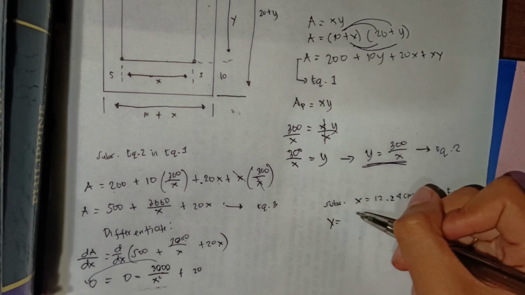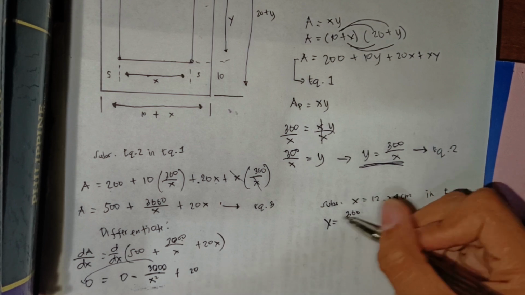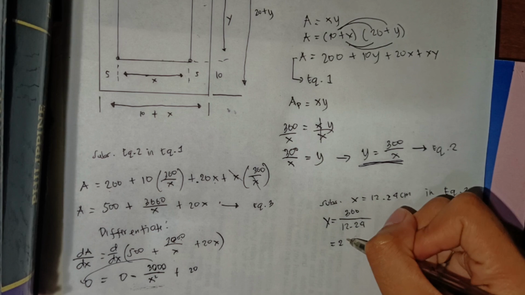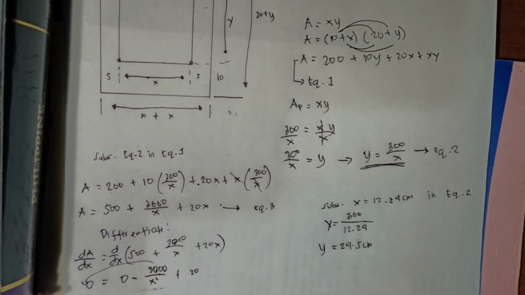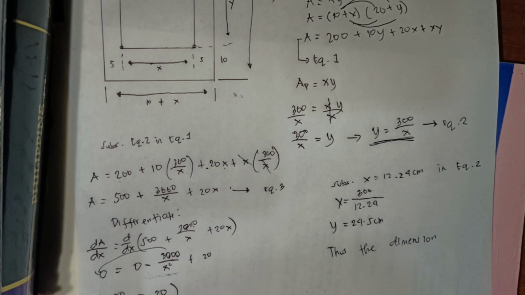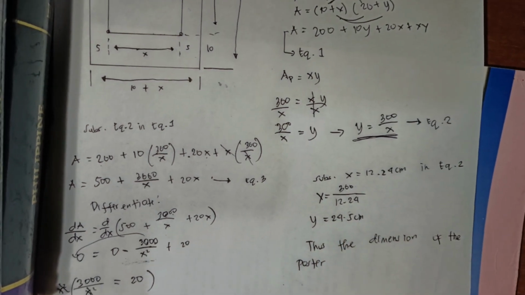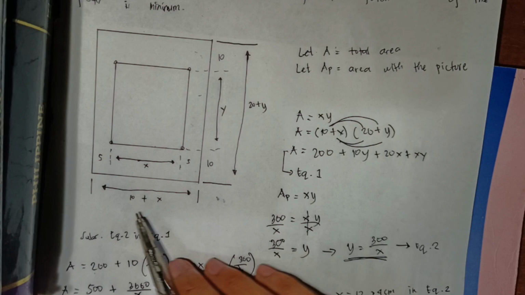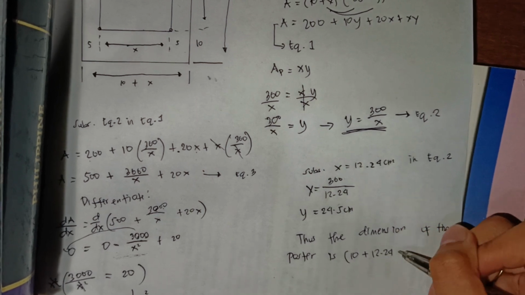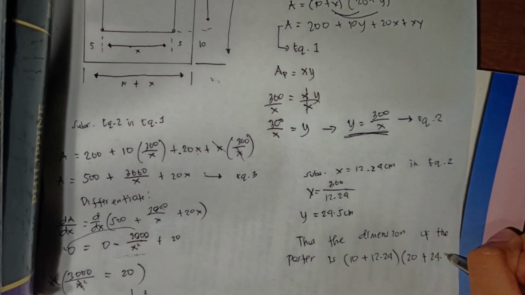So y is equal to 300 over 12.24, which is 24.5 centimeters. Thus, since we have x and y, the dimension of the poster is 10 plus x, so 10 plus 12.24, then 20 plus the value of y, 24.5.